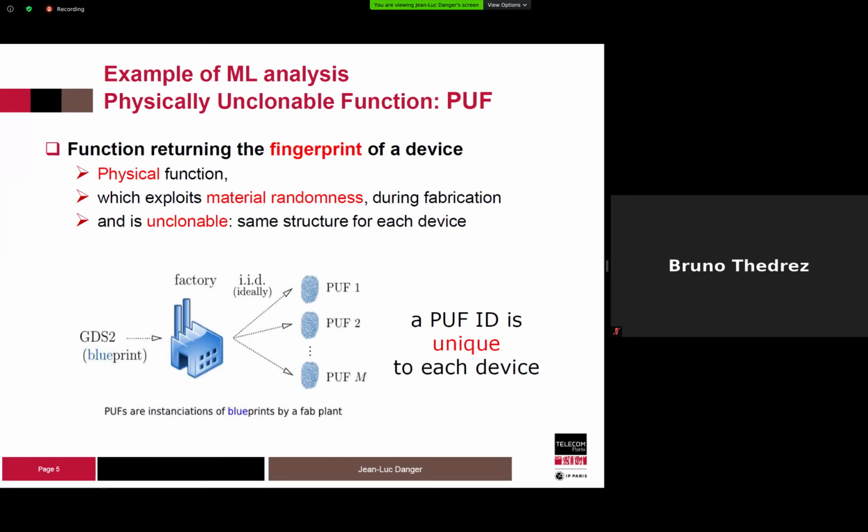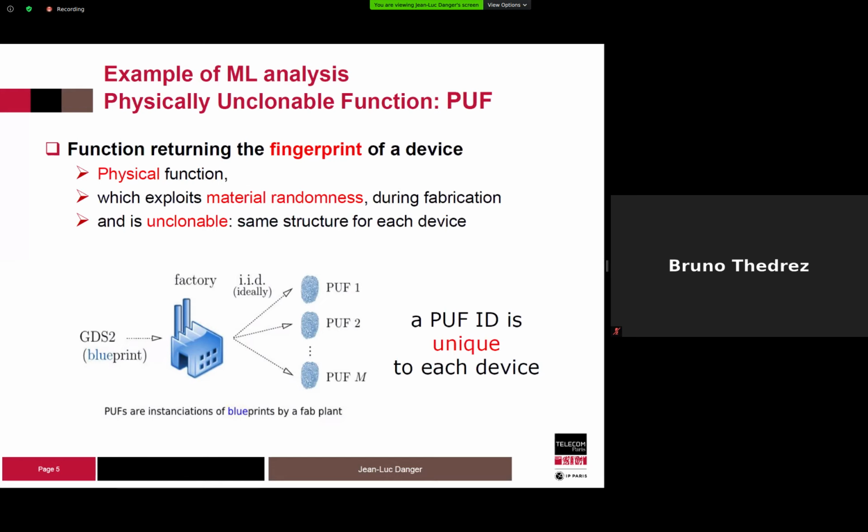It's a physical function which is inside a system, inside the circuit, and the PUF will return the fingerprint of the device. It's equivalent to having a serial number in a non-volatile memory, but it's very secure because it's unclonable. It cannot be tampered with and cloned. This is a very important property of the PUF. That's why it's a very important primitive for security.